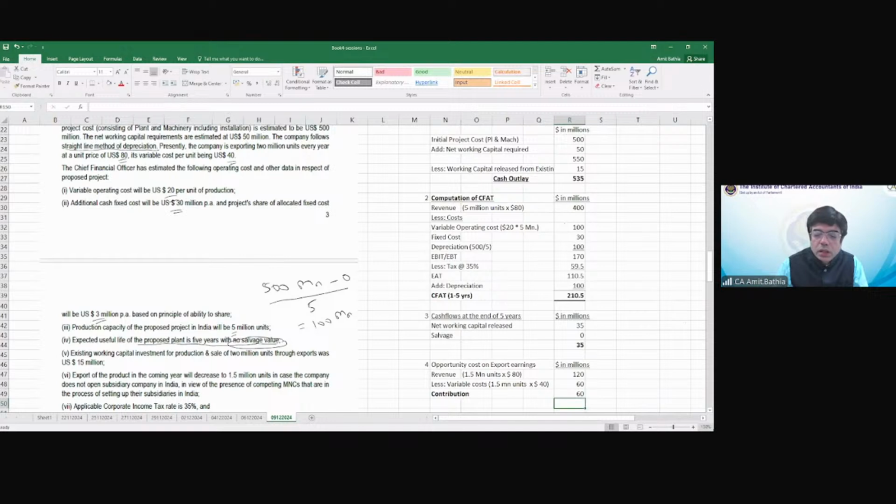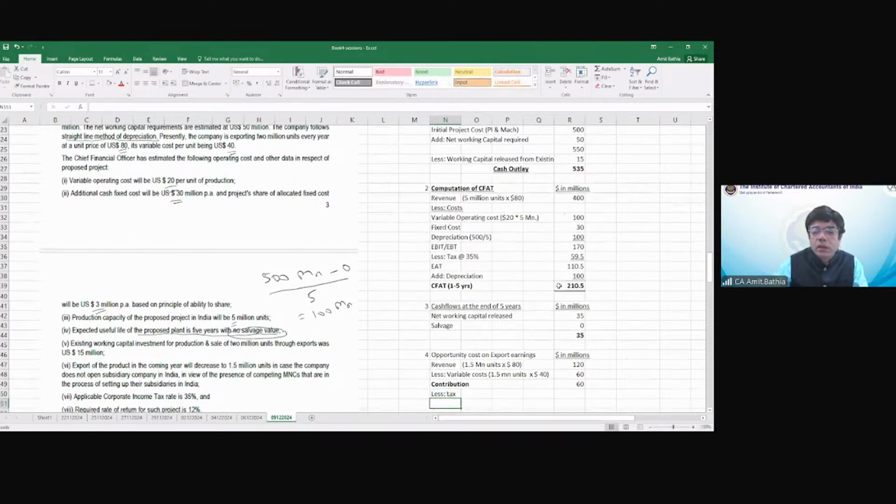From that, I have to say less tax. How much will be tax? 35%, so 60 into 0.35. 21 is my tax.